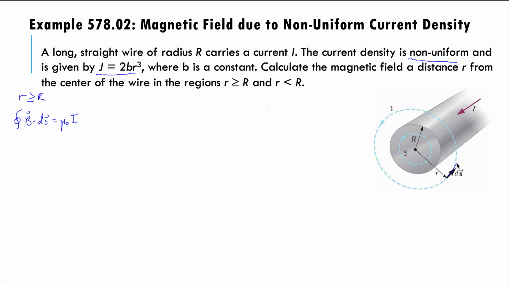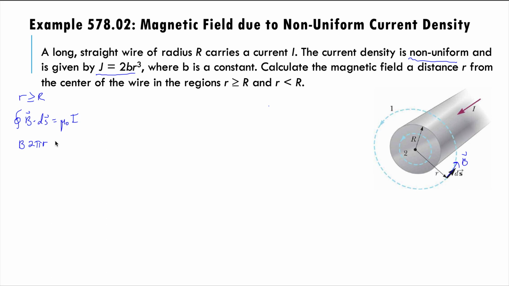The magnetic field is parallel to ds at all times, and it's constant. So the dot product vanishes, the B comes out of the integral, and the line integral of ds is along the circumference of this Amperean loop that we have chosen, and it's going to be 2 pi r since this loop has a radius of r.